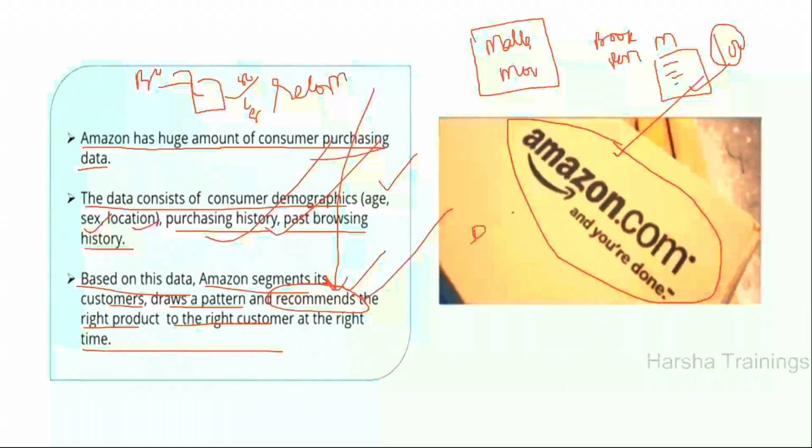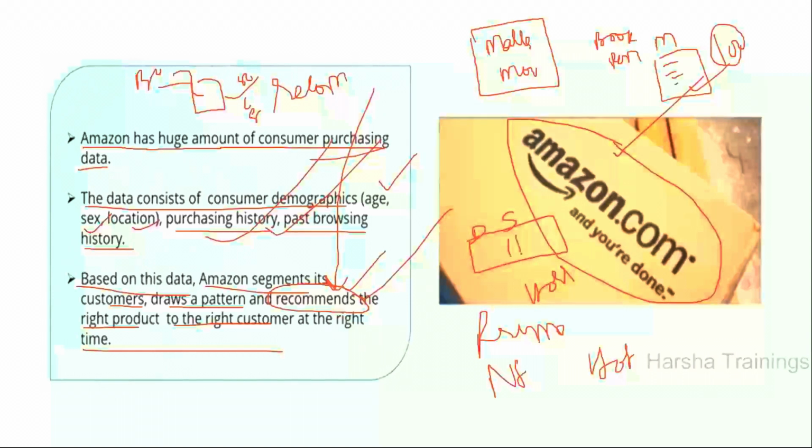Clear for you? Yes. Now, how many of you know about Prime, Netflix, Hotstar? For example, if I watch a horror movie and close it, next time whenever I open Prime, I will get some sort of movies.